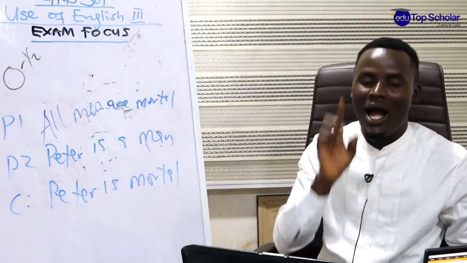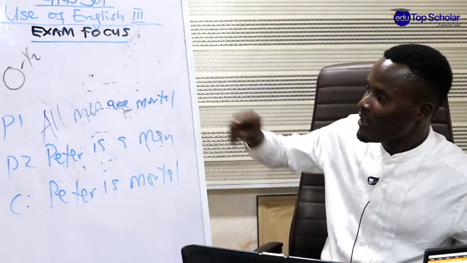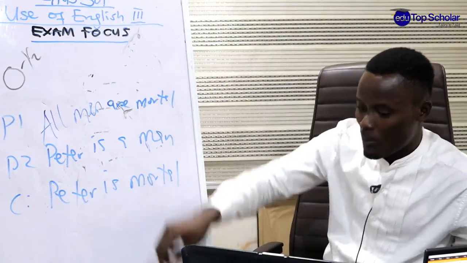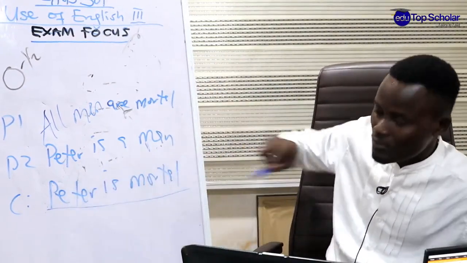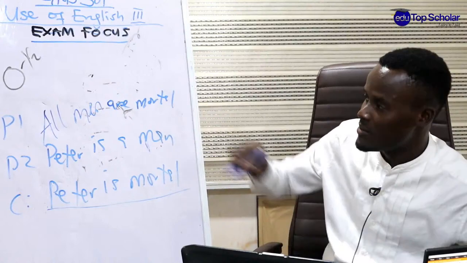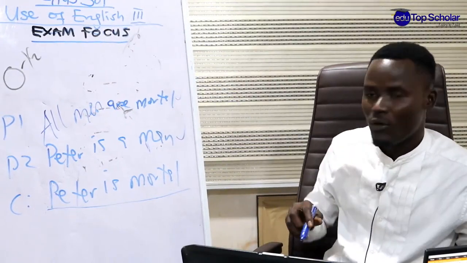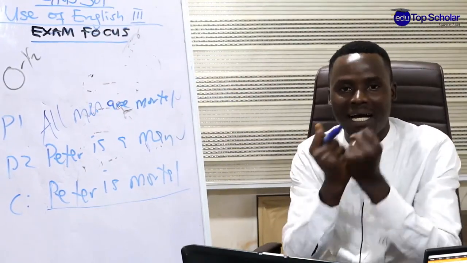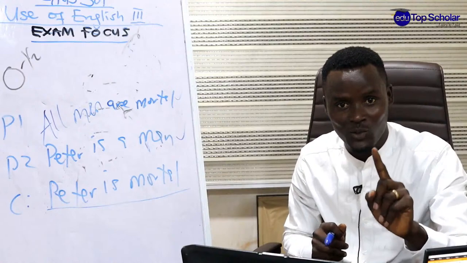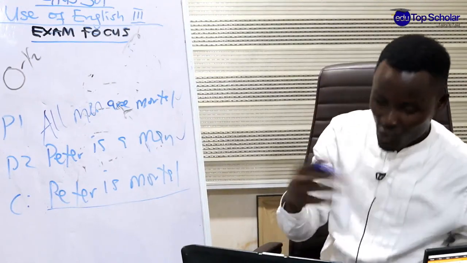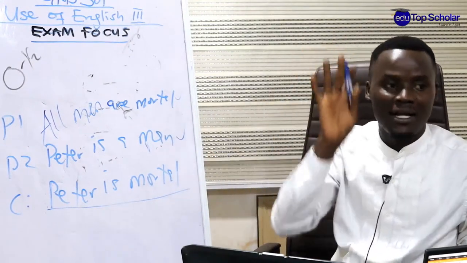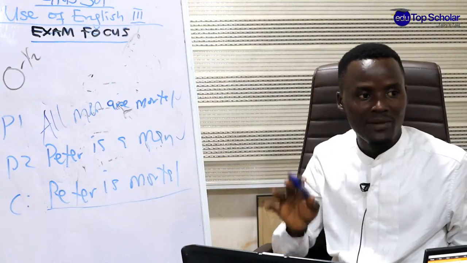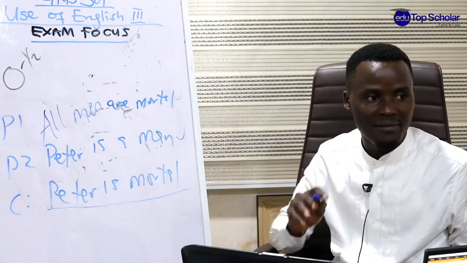Very simple. An argument is valid if the premises support the conclusion. What are premises? Reasons. Conclusion, what the person has in mind.